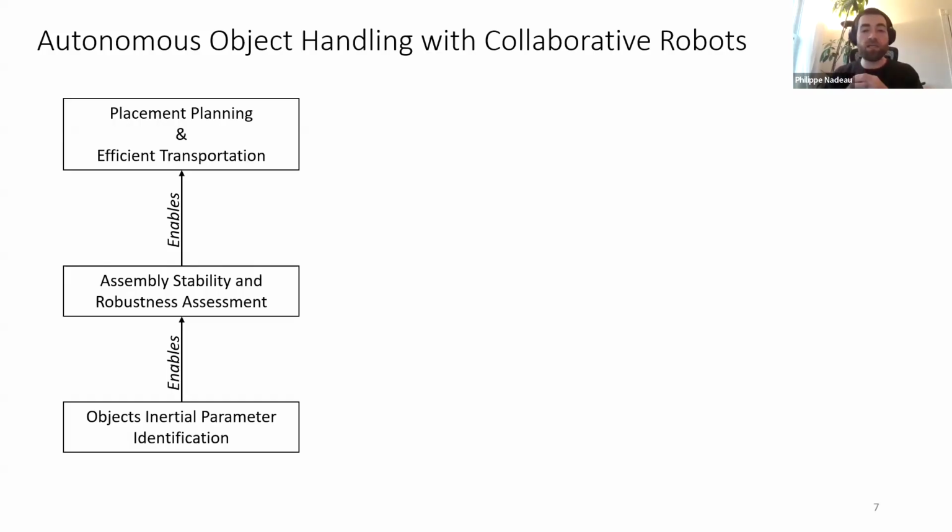And so this thesis consists in a vertical integration of contributions addressing three key elements of the problem. We'll now give a brief overview of each contribution before diving into more detailed explanations.